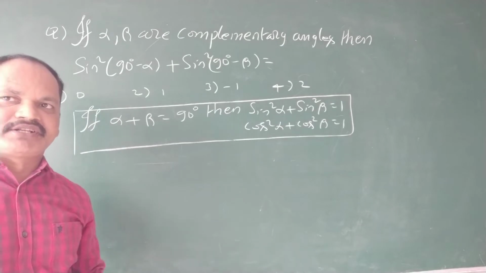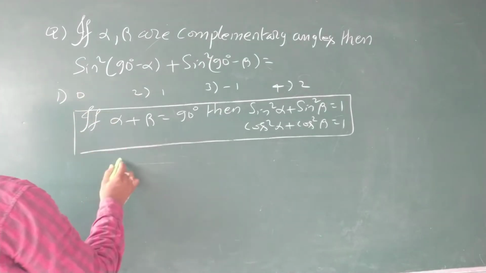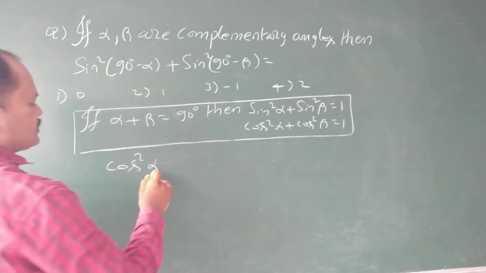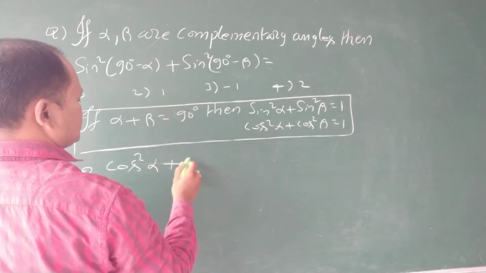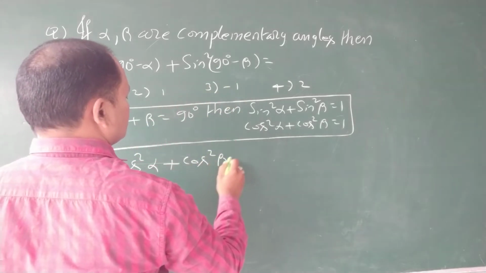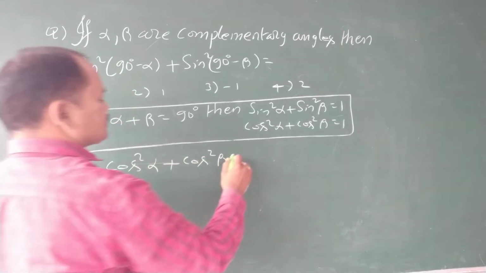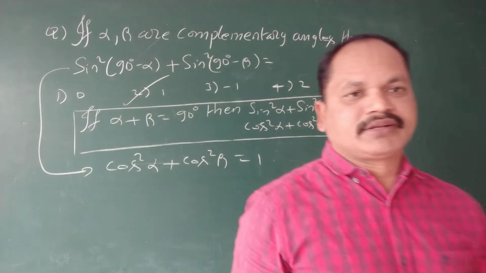Actually 90 minus theta belongs to the first quadrant. In the first quadrant sin is positive, and at the same time it gives cos square alpha. Sin 90 minus alpha is cos alpha, its square is there. And now sin 90 minus beta is cos square beta. That's all. Cos square alpha plus cos square beta is 1. That's why the answer is the second option.